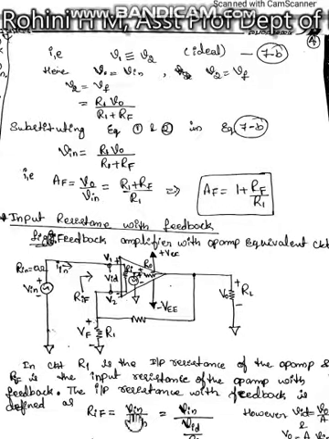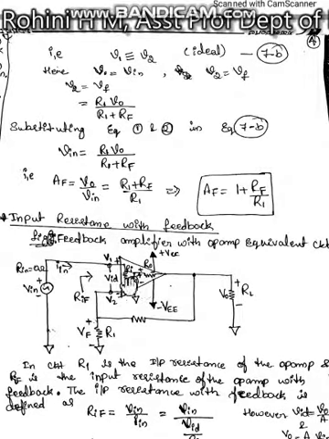Further, we write what is I in. I in is the current that is flowing towards this node, which can be written as VID divided by RI.